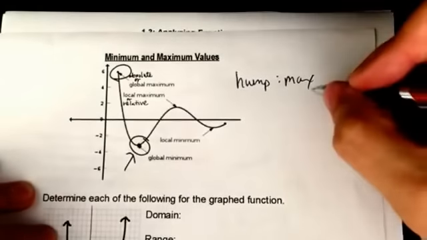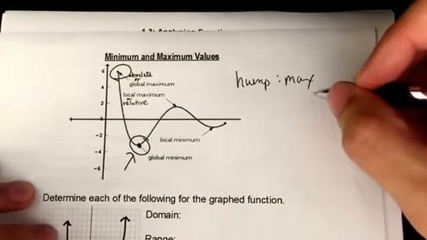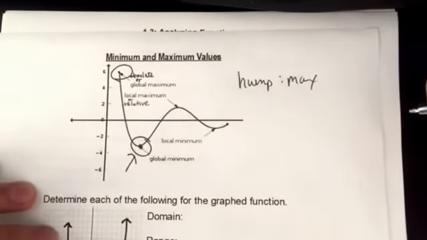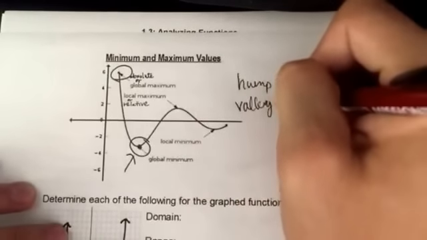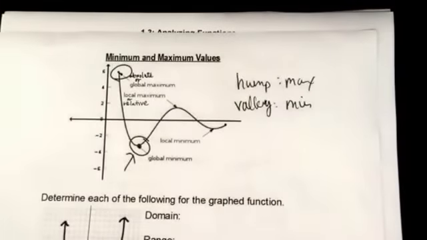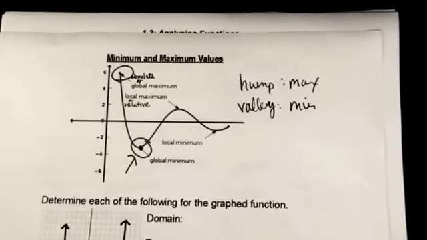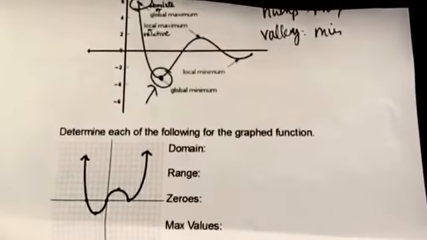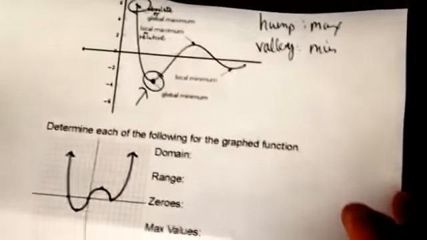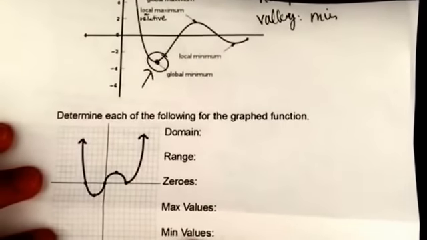There's a possibility that you could have more than one maximum in a graph. Some graphs have more than one hump. Any valley in the graph is called a minimum. There's a possibility that you could have more than one minimum in a graph, depending on whether it has multiple humps or multiple valleys.